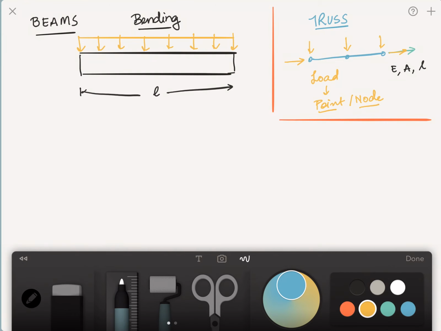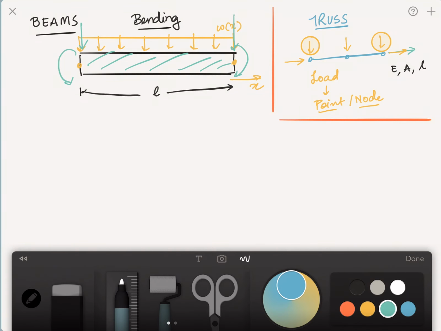But what happens because of this distributed load is that you can have more than just a single kind of load, as it was in the case of a truss. Now if I look carefully over here at the bending situation, I have a distributed load, let's say W of x, because this is direction x. Then this load is changing. So if I find out its contribution at the two ends of the beam, then I can divide it as a single load here which is acting in this direction, and to compensate for the rest of the load that was acting everywhere across the beam, I can have equivalent moments.